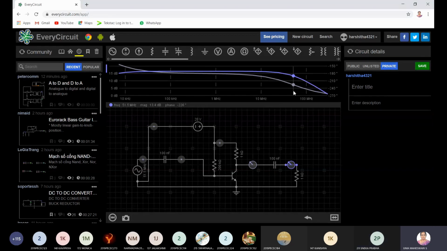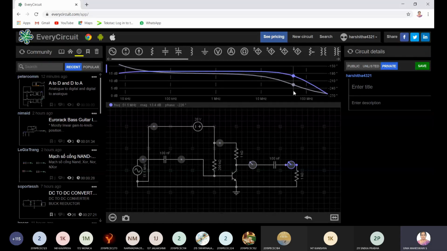4.29 kilohertz. So if you subtract, you're getting around 51 megahertz as your bandwidth. That is 51.5 megahertz minus 4.29 kilohertz, so almost 51.49 you'll get. Even in class I have said, my bandwidth will be upper cutoff minus lower cutoff. But comparatively, your lower cutoff is small only.